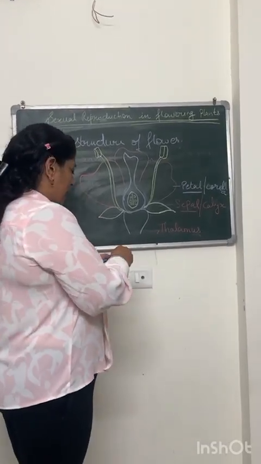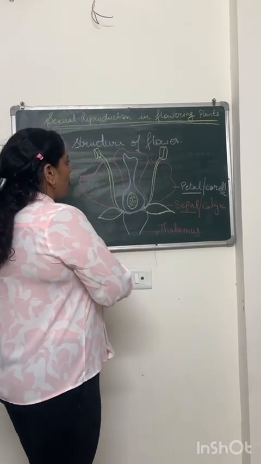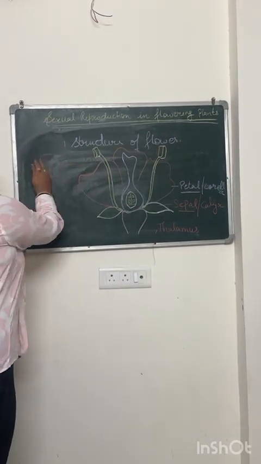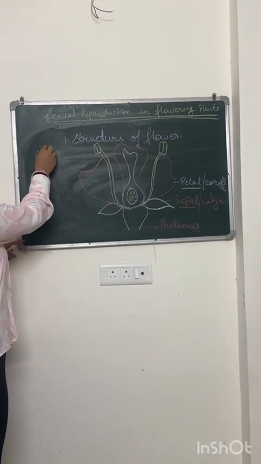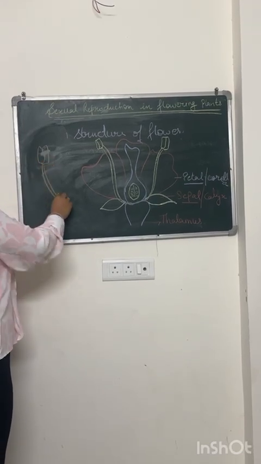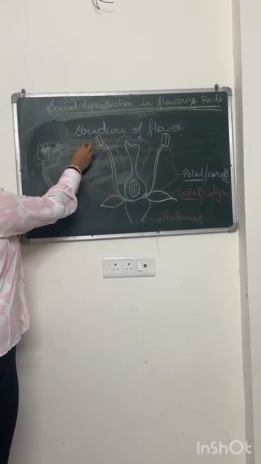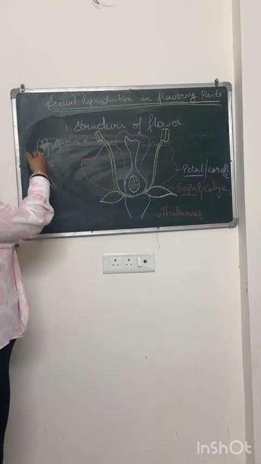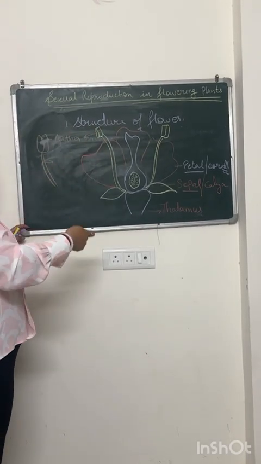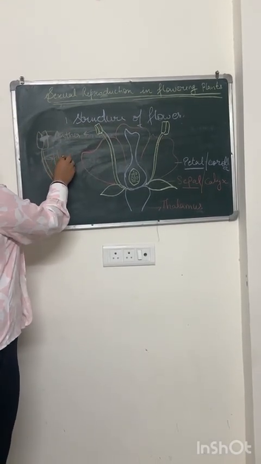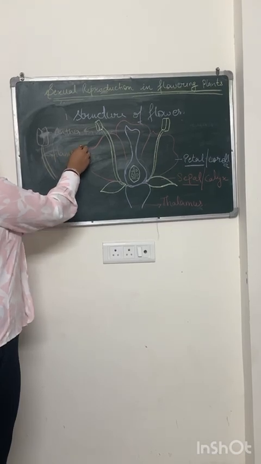So the male part of the flower consists of two parts. I am drawing here. This is anther. Here also I have marked, and this stalk-like structure is called filament.